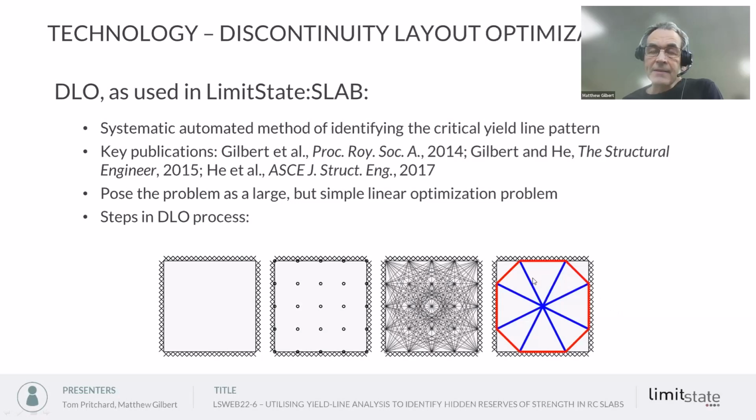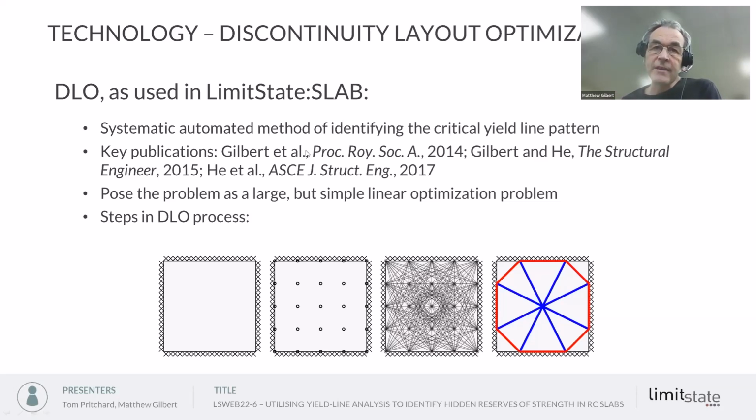Just go back to this slide before I hand over to Tom. Here we've only got a few nodes in the problem. If we put in more nodes, then we end up with very, very close estimates of the true yield line solution for the problem.